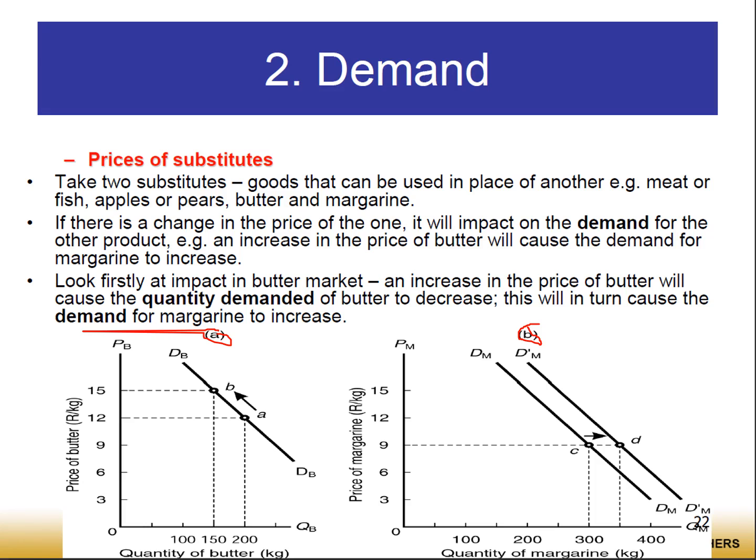And once again, we observe a shift of the demand curve, a rightward shift of the demand curve. So at each price level, there is now a higher demand for margarine because one of its main substitutes, butter, has increased in price. So some of the decrease in the demand for butter will result in an increase in the demand for margarine.